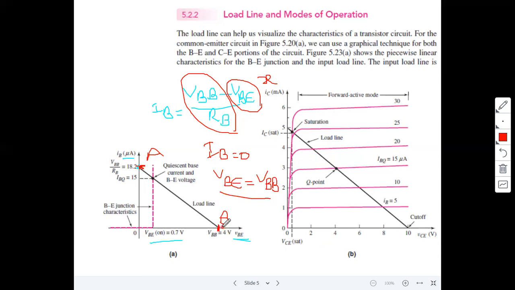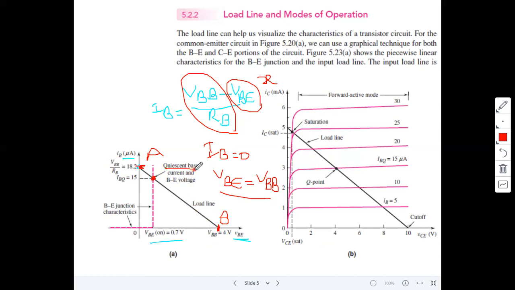While drawing these two points, this is called the load line, the input load line. When drawing this load line, there is one intersection point. That point is called the Q point, the input Q point or quiescent base current point.